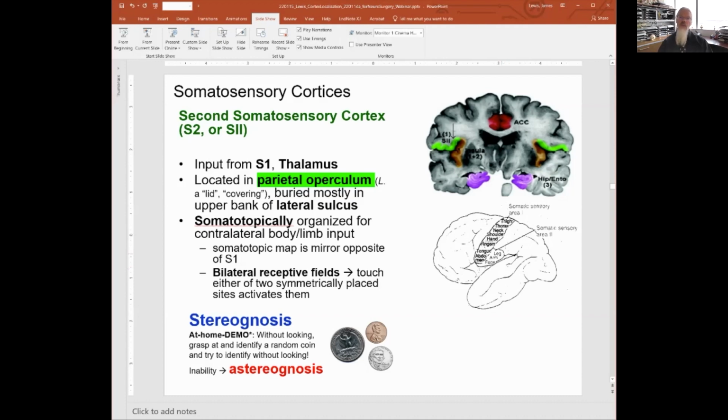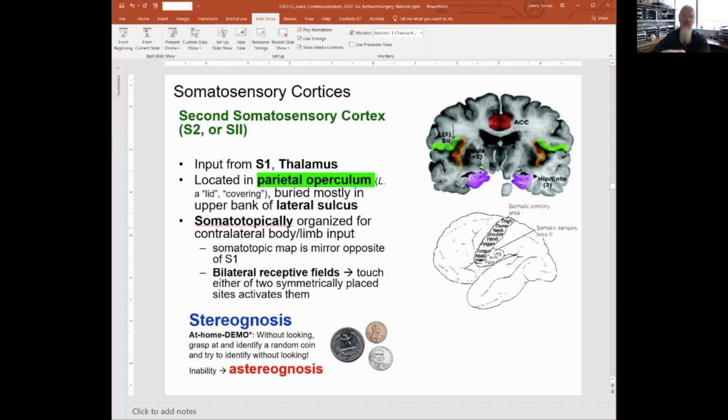And the receptive fields in here, if you go with an electrode and try to map that out in a person, are going to be more bilateral, with touch to symmetrical sites activating them, say on both of your index fingers. And with this fun demo, for those of you who happen to have some coins in your pockets, I have here various coins, and you can try this with a friend at home. Put a coin in your hand.